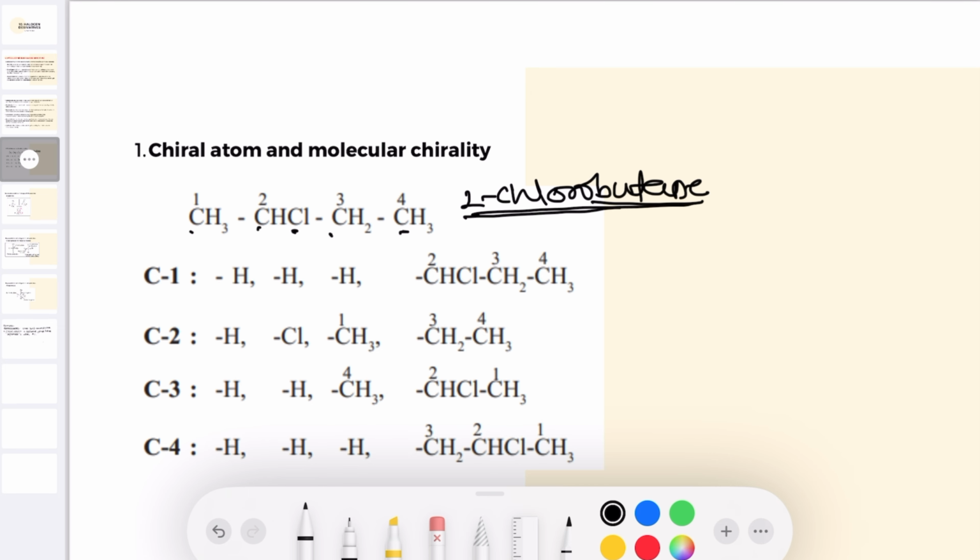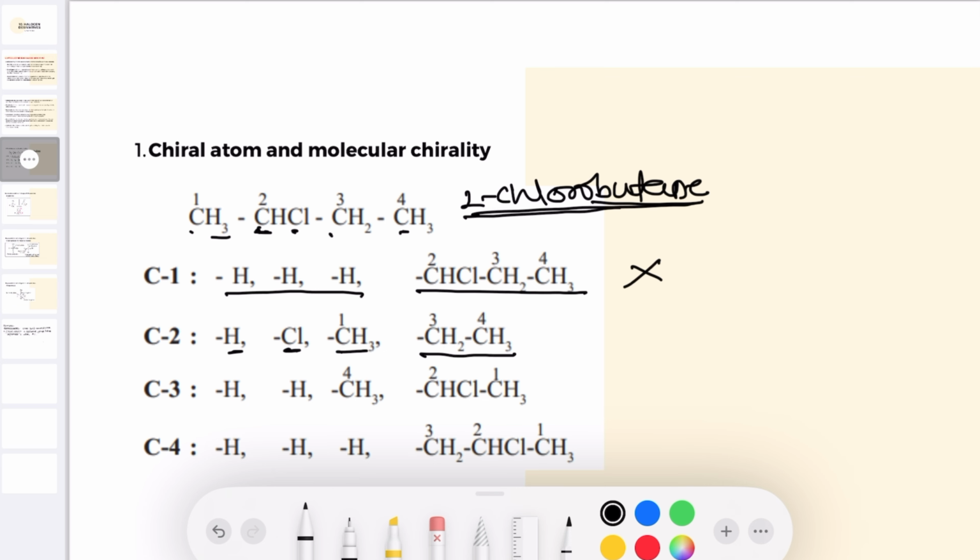This is the IUPAC name. In that, carbon number 1, which groups are attached? 3 hydrogens and the remaining group. So in carbon number 1 there are the same 3 hydrogens, so it is not a chiral carbon. For carbon number 2, there is 1 hydrogen, 1 chlorine, 1 CH3 and a CH2CH3 group.